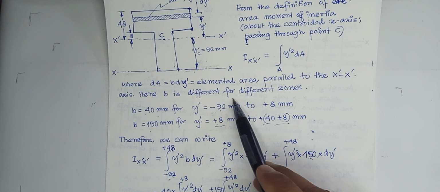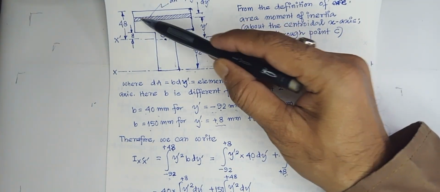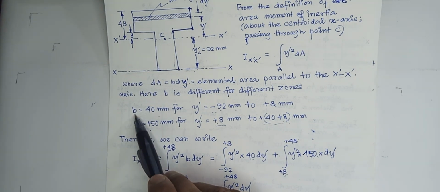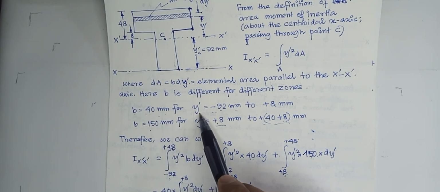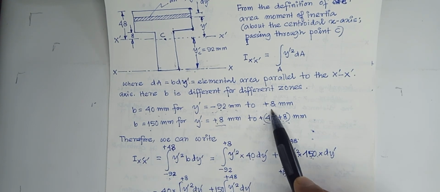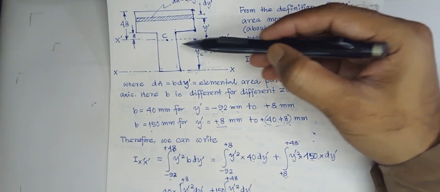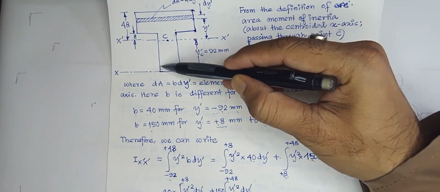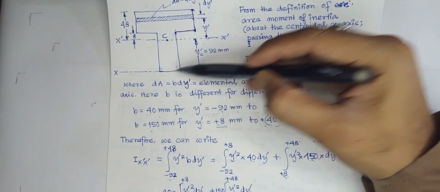Here b is different for different zones. Zones means this one zone, another zone. So b is 40 millimeter for y prime from minus 92 to plus 8 mm. Why? Because for this zone b is this much, so 40 mm.